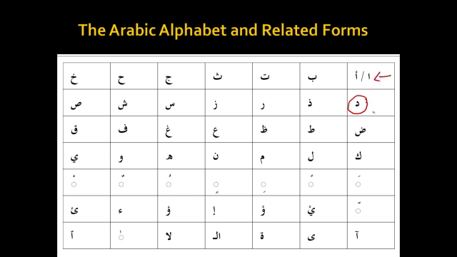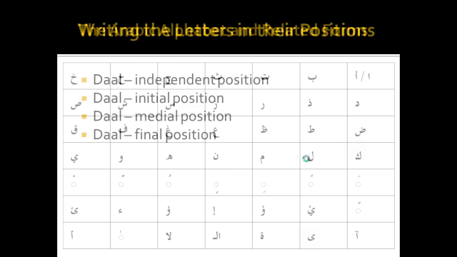And you see, we're getting there. We're a little bit more than a 1/4 of the way through the letters. So let's now look at the Daal in the 4 positions.